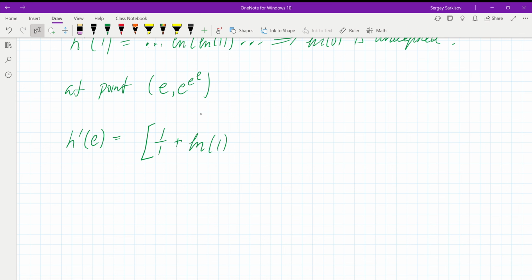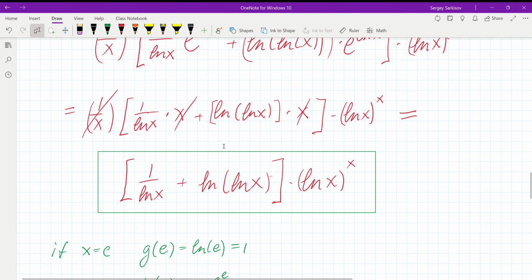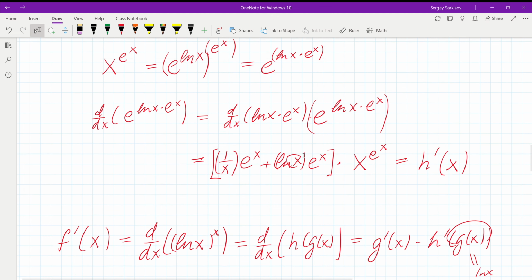It's 1. ln of that is 0, times ln of e to the power e, and that's 1. So it's 1 plus 0 times 1 to the power e, which equals just 1. Okay, cool. So that's the derivative there, interestingly enough. So it's increasing there, if we did it correctly. That should be the answer there. We can write it maybe a little differently also, but cool.